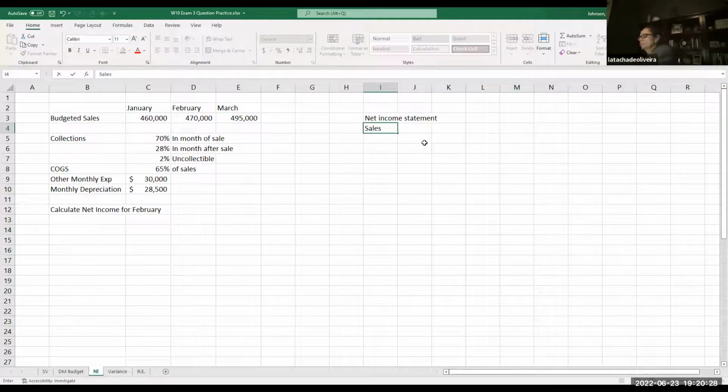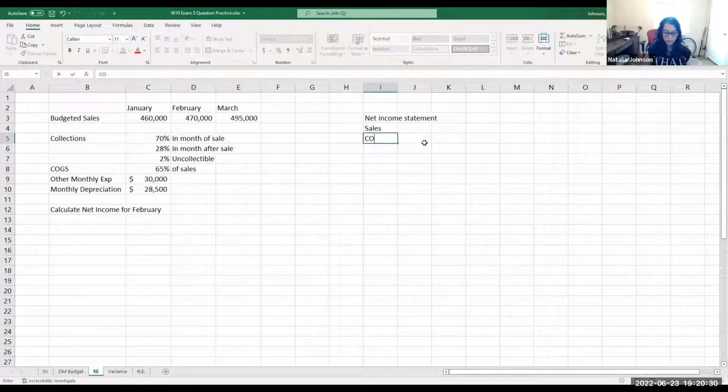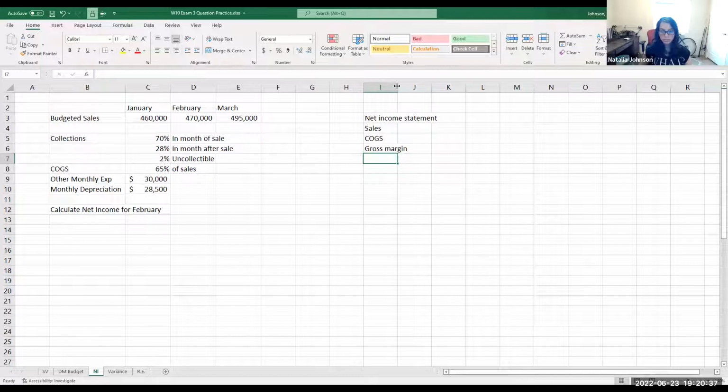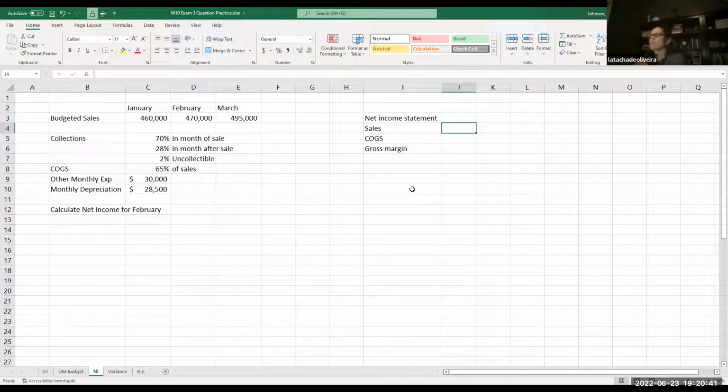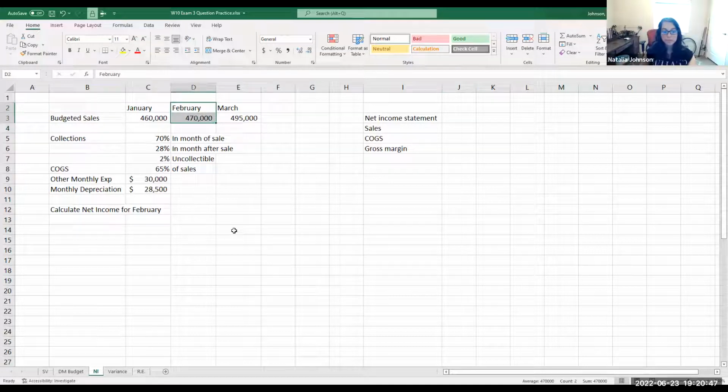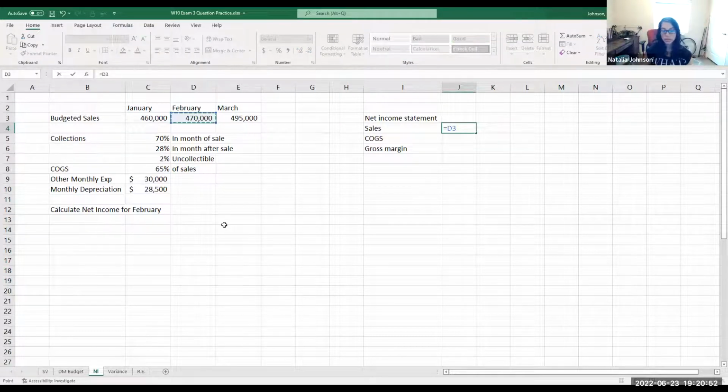Right, sales, and then cost of goods sold, and then we get gross margin. Because you're doing just for February? Yeah, only for February. So we only need this for 70,000.